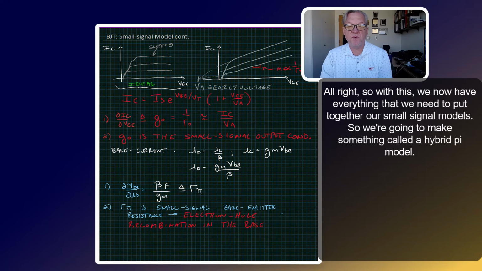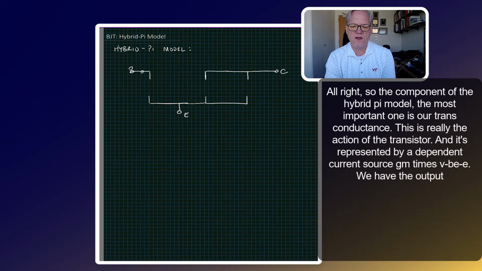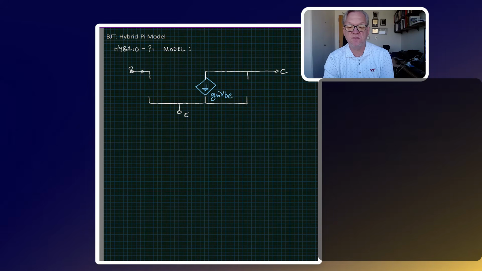All right, so with this, we now have everything that we need to put together our small signal model. So we're going to make something called a hybrid pi model. All right, so the components of the hybrid pi model, the most important one is our transconductance. This is really the action of the transistor, and it's represented by a dependent current source, GM times VBE.